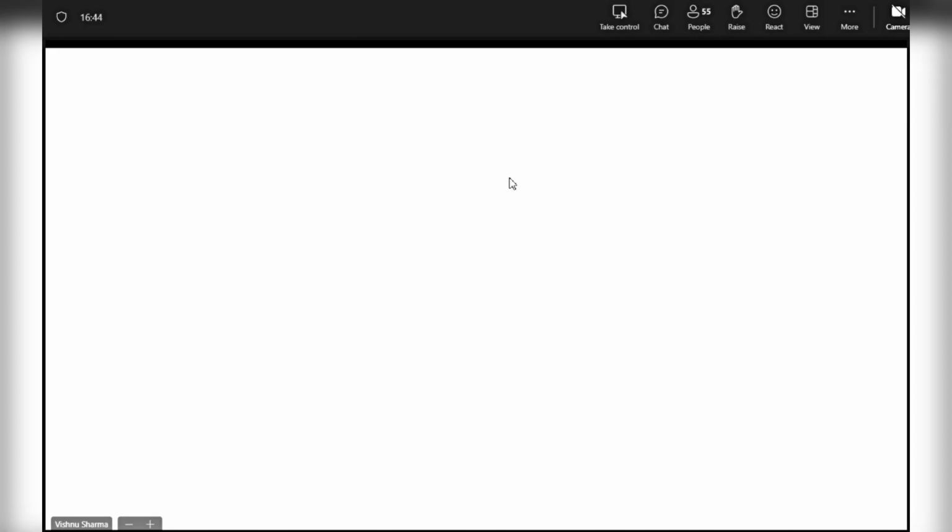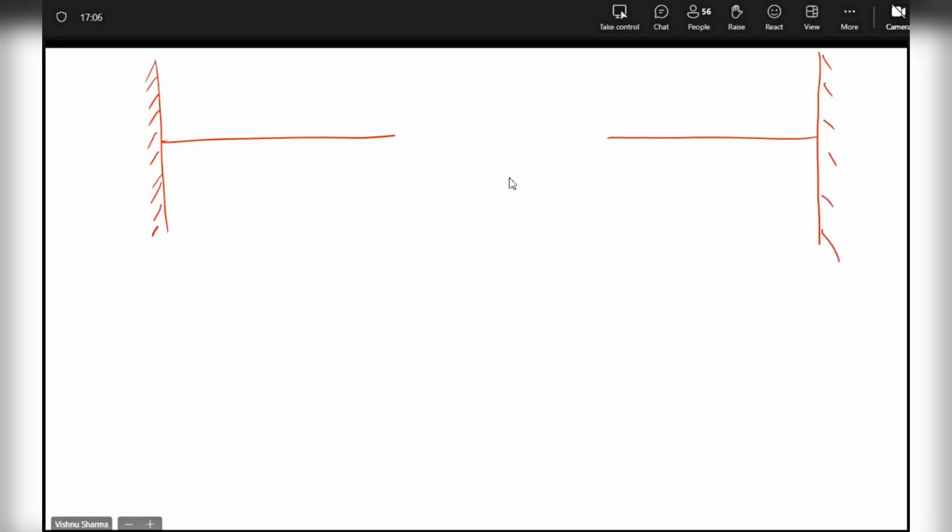Now, so what are we saying? That if this is the wall and I have a beam like this, light beam, this is a cantilever. If I have the wall like this, this is the cantilever. If I have a wall like this, and instead of a light beam, I take a beam of uniform cross section, this is a cantilever.